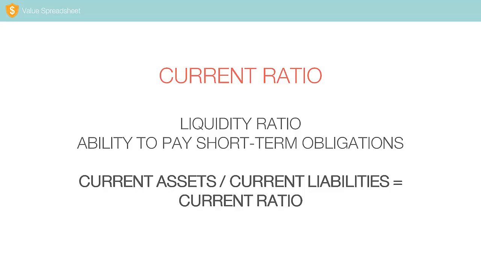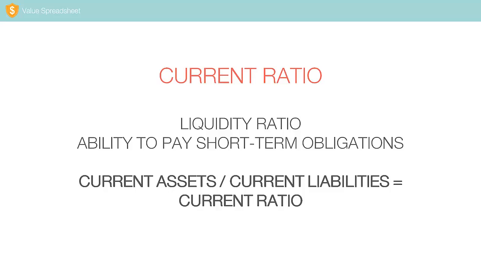Examples of current assets are cash and short-term investments, which can be easily sold. Current assets are used to fund day-to-day operations. Current liabilities are all the bills a company has to pay within a short period of time, usually in less than a year. We calculate the current ratio by dividing current assets by current liabilities.